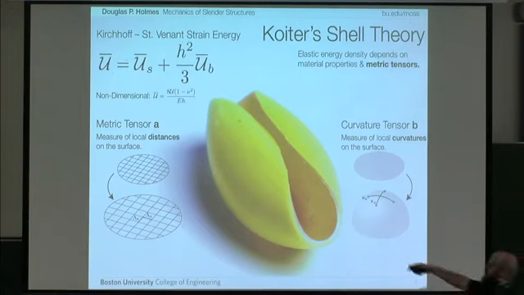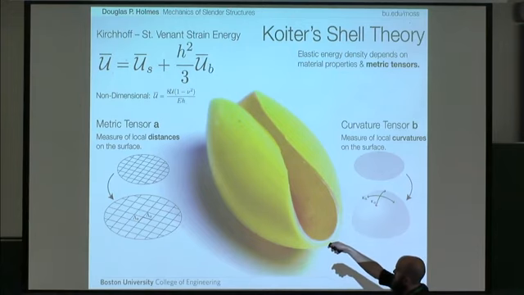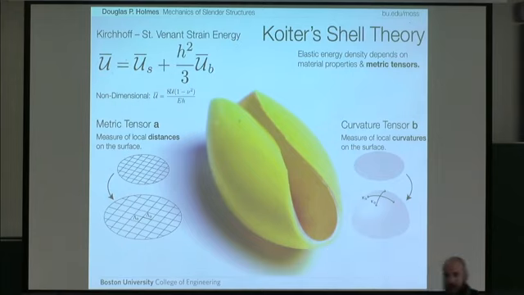And so your metric tensor A, which is your first fundamental form, is going to describe the measure of local distances on the surface. So how does this thing conformally stretch? If you think back to Areski's talk early yesterday morning. And the second fundamental form, B, is the curvature tensor, which is telling you all the information about local curvature everywhere along the shell.